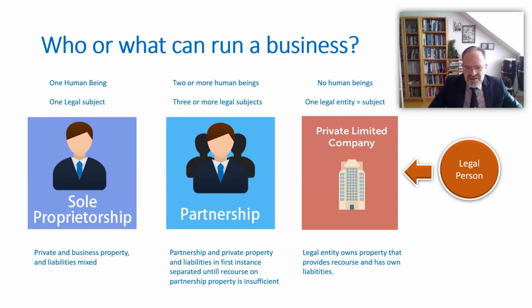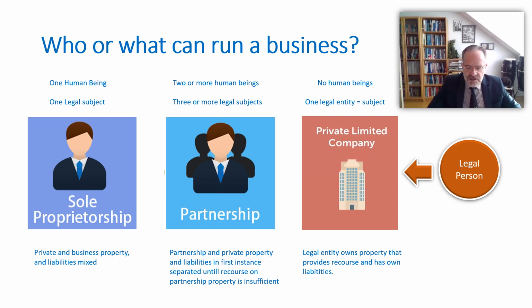It gets slightly different when we talk about the partnership. A partnership is like a sole proprietorship, but it is two or more legal subjects, two or more human beings which run a business. In principle, legal systems make a difference between the property and the liabilities of the partnership and the property and the liabilities of the people running the business in the form of the partnership.